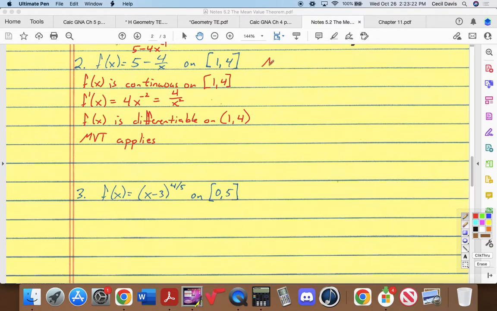So the average rate of change of f on this interval is going to be equal to, well, let's see, f of 4, that'll be 5 minus 4 over 4, minus f of 1, which is 5 minus 4 over 1, all over 4 minus 1.